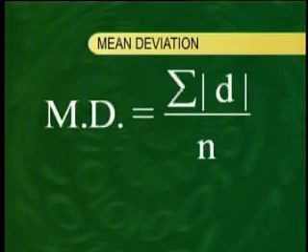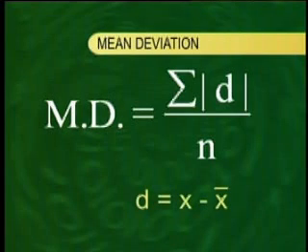Denoting these distances by small d and considering their absolute values, the formula for the mean deviation becomes: mean deviation is equal to sigma modulus of d over n.